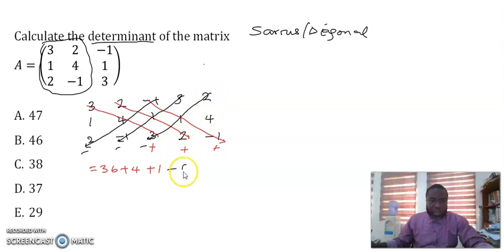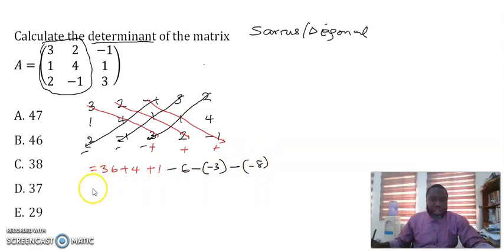So we're going to subtract the 6. Now 3 times 1 is 3, times negative 1, that is negative 3. And then we have negative here, so that is minus 3. Then we have negative 1 times 4, that's negative 4, times 2, that is negative 8. And we have a negative sign here, so that is minus 8.